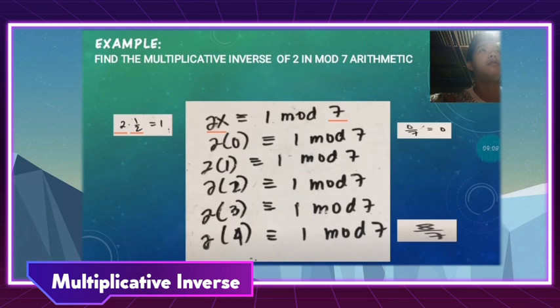So x is not equal to 0. That's not the inverse.